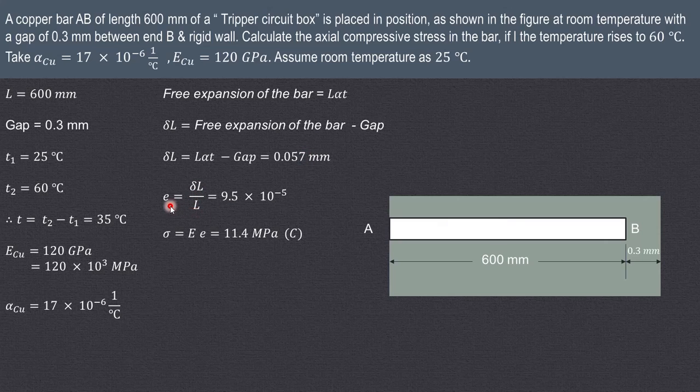That value also you can calculate. And then sigma will be equal to E into epsilon. That is modulus of elasticity 120 into 10 raised to 3 into linear strain 9.5 into 10 raised to minus 5. And that value is 11.4 megapascal. So this stress that is induced in this bar will be a compressive stress because expansion is prevented in this particular case.